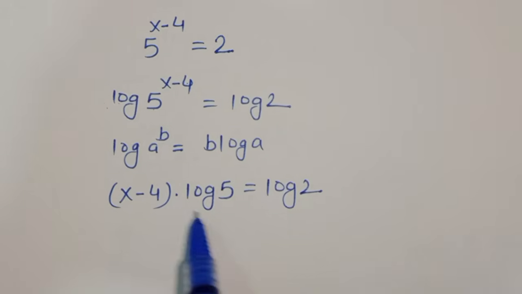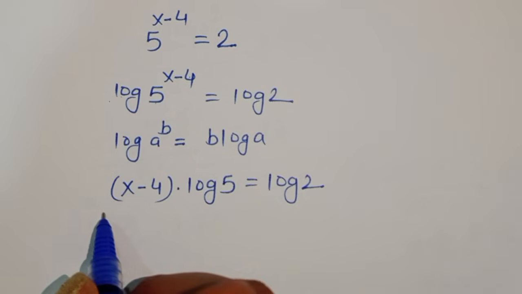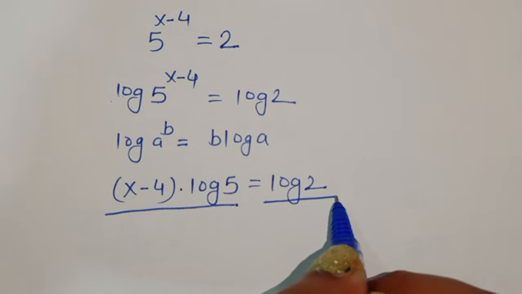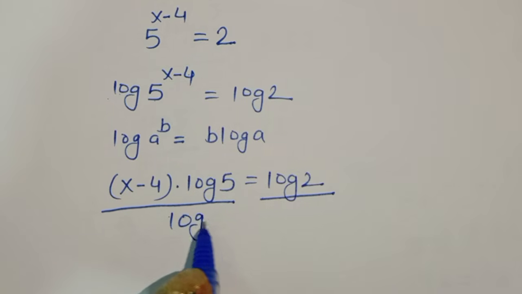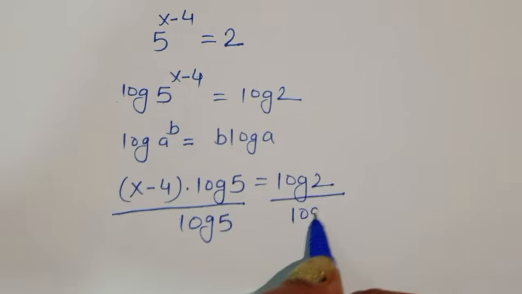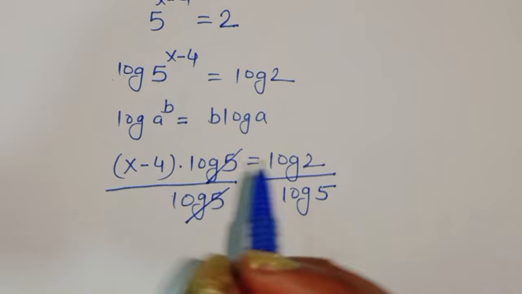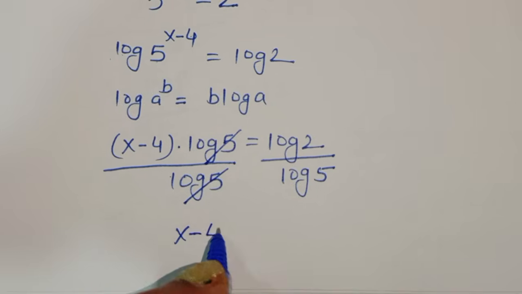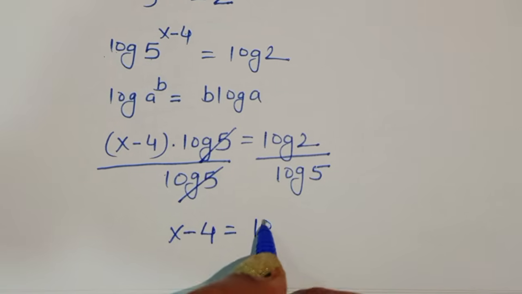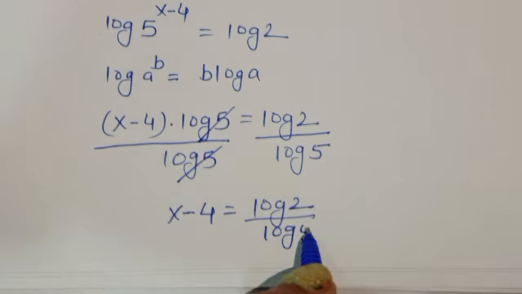Now we have to cancel this log 5, so we can divide both sides by log 5. We are dividing both sides by log of 5. Now log of 5 cancels with log of 5, so it will become x minus 4 is equal to log of 2 divided by log of 5.